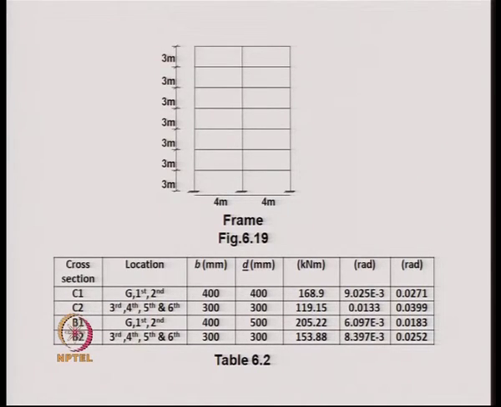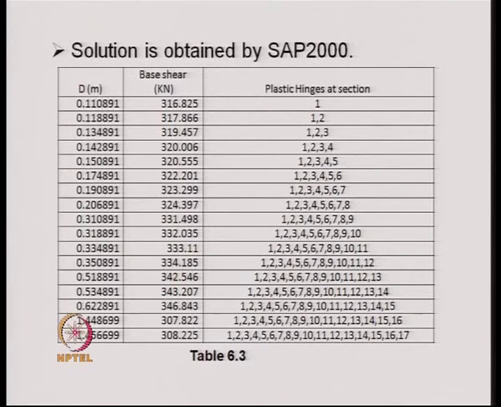In the same way, for B1 and B2, these two groups of the beams, the dimensions and the other required values are given over here. One can see that there is a change in cross section for B1 and B2 level. The solution provides us a result like the one which is shown over here.